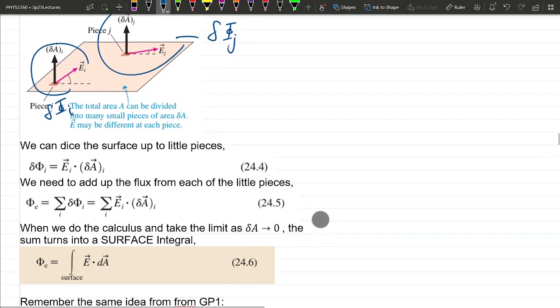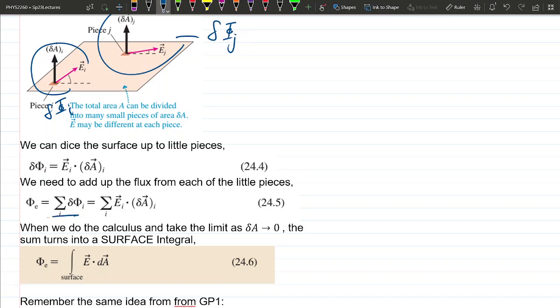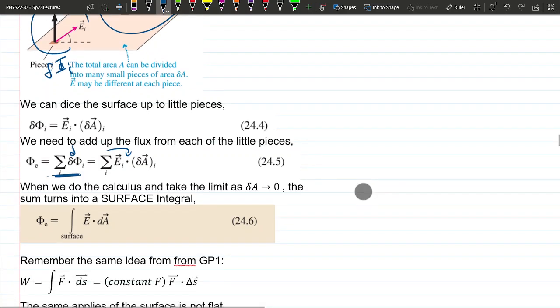So as usual, when you sum up all these little tiny bits of electric flux, it turns into the electric field at that particular point times a little bit of area. And I don't know if they ever cover area integrals in calculus 2.